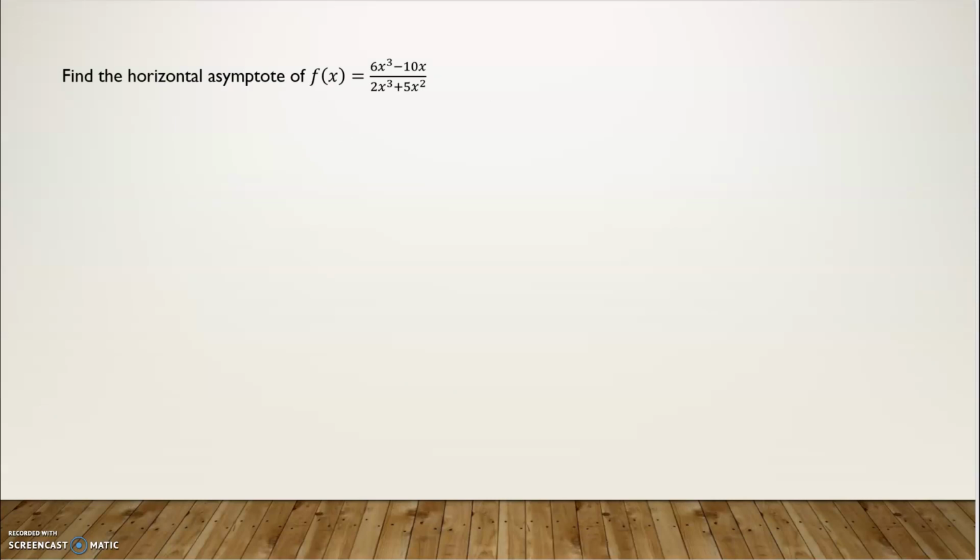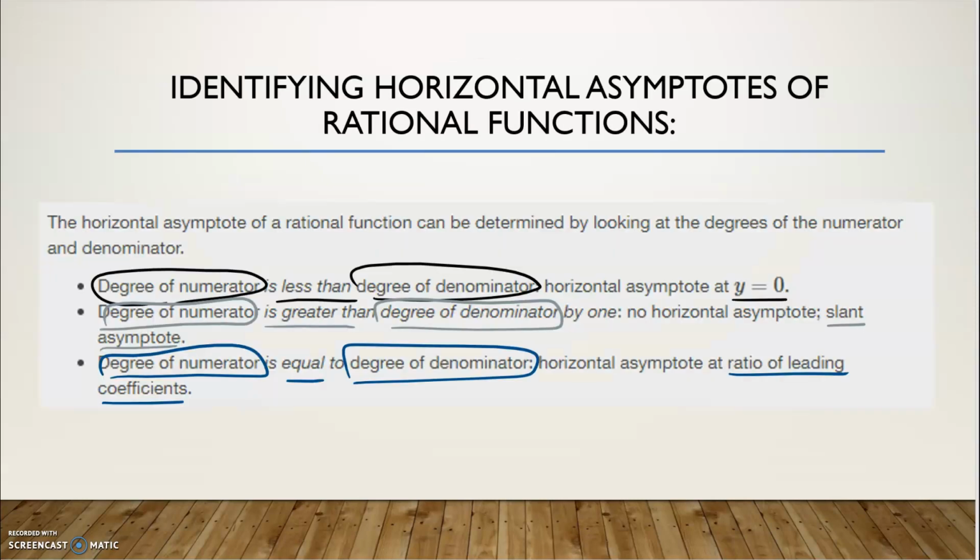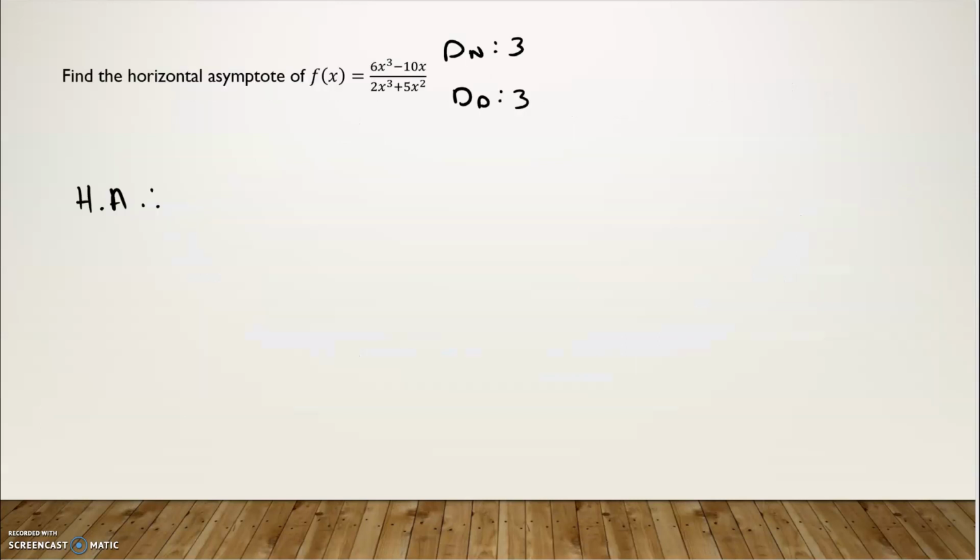So what I'm going to do is find the asymptote by looking at the degree of the numerator and the degree of the denominator. The degree of the numerator is 3. The degree of the denominator is also 3. Since they are equal to each other, it's the last case, so it'll be the ratio of the leading coefficients.